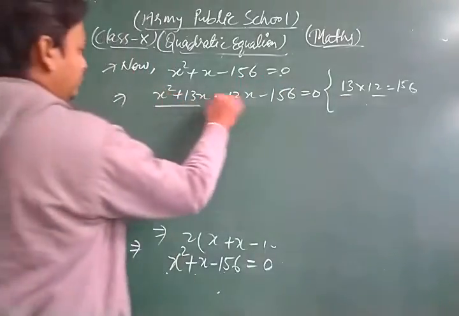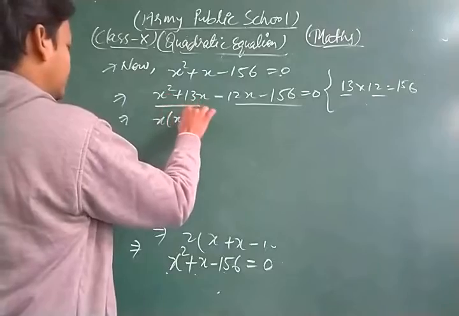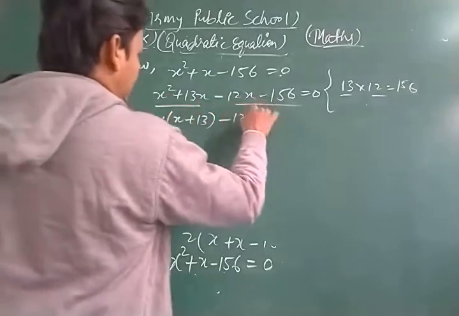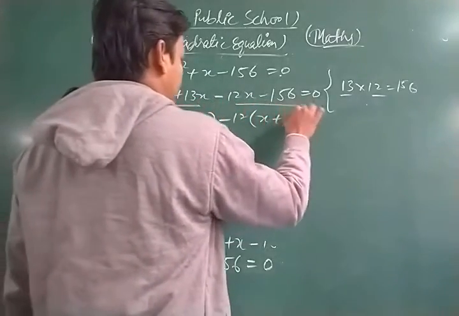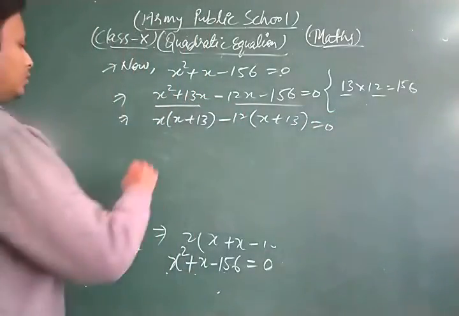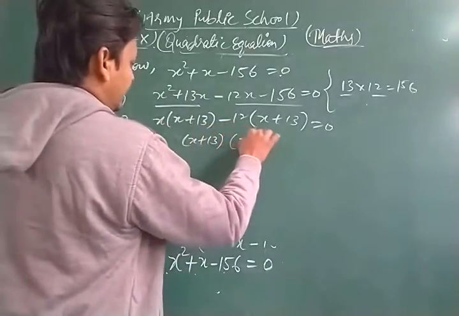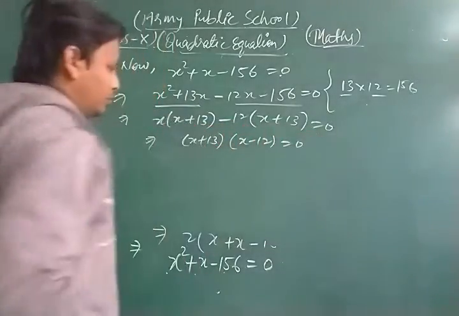Now we form pairs. So here we get x into (x plus 13) minus 12 into (x plus 13) is equal to 0. So (x plus 13) and (x minus 12) is equal to 0.